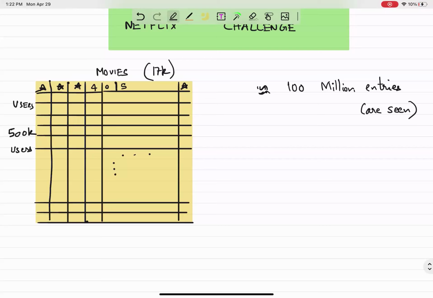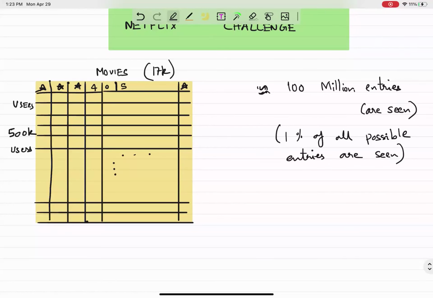To get a sense of this number, that's basically about 1% of all possible entries that are seen. So you have this huge matrix, but you don't know what all of the entries are. Not every user goes and rates every movie.